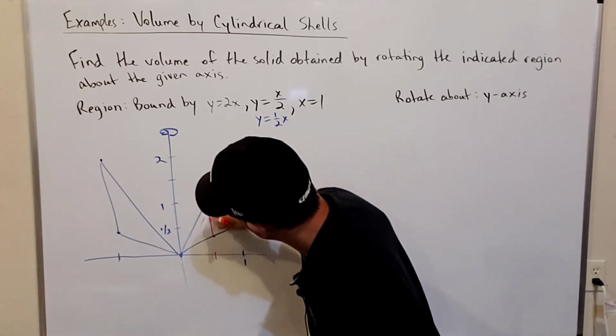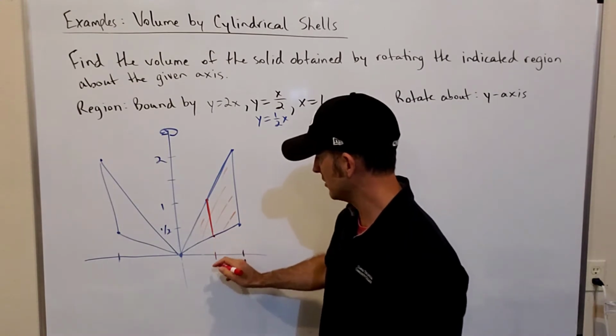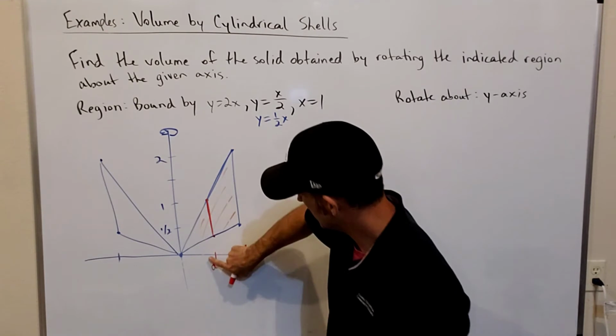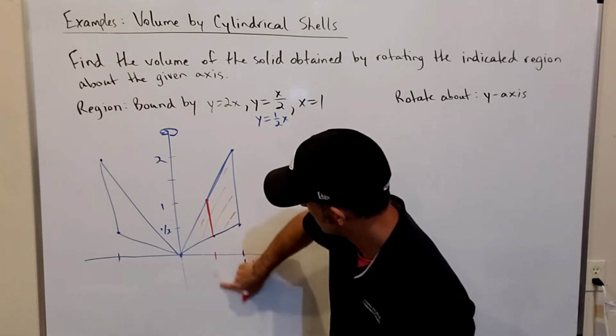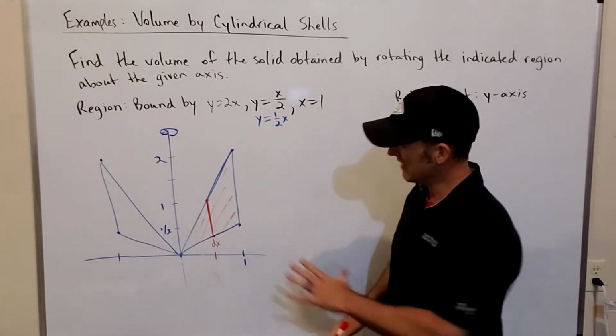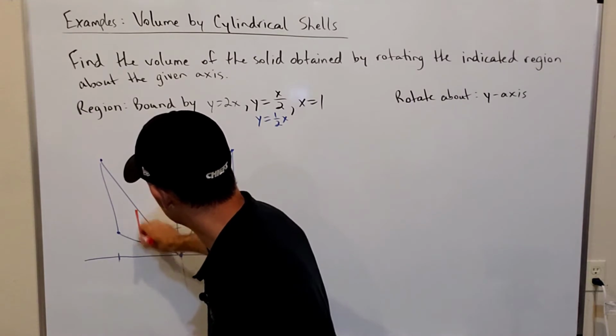So there's the right side wall of my cylinder, my cylindrical shell, and the thickness of that wall is measured horizontally. Let's draw it up here. It's measured horizontally, so I'll call it dx. And then I need the mirror image of that wall over here. Roughly looks like this.